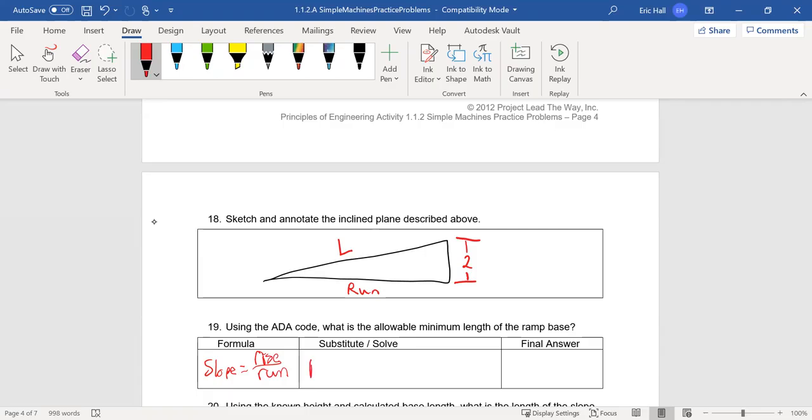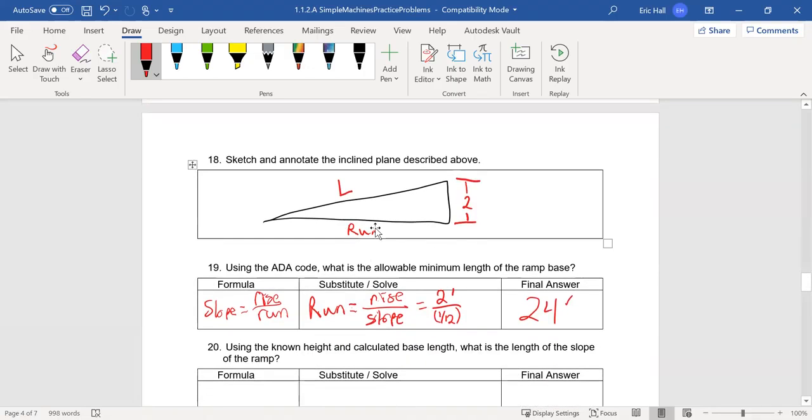So I'm going to rearrange the equation and say run is equal to rise divided by slope. So that would be equal to 2 feet divided by 1/12, because 1 to 12 is what my slope was. If I take that, my answer ends up being 24 feet. So I know the base now is 24 feet.